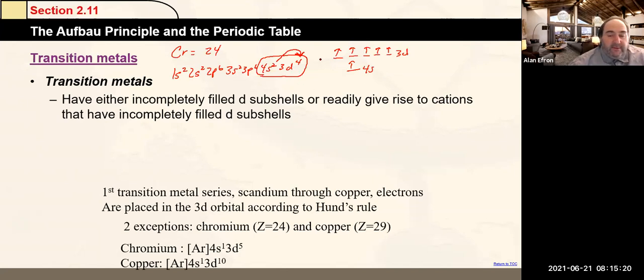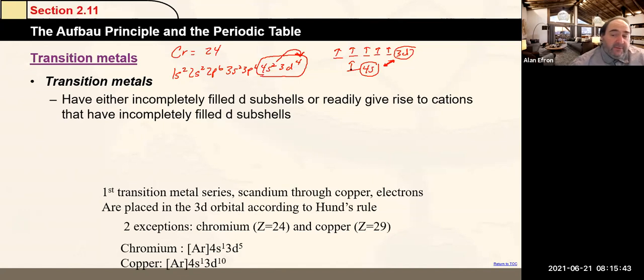You may be asking, so how can that happen? It can happen because, truthfully, this orbital and this subshell are really, really close in energy. So it doesn't take a lot for that electron to promote itself up to the d orbitals. It's able to do that relatively easily.